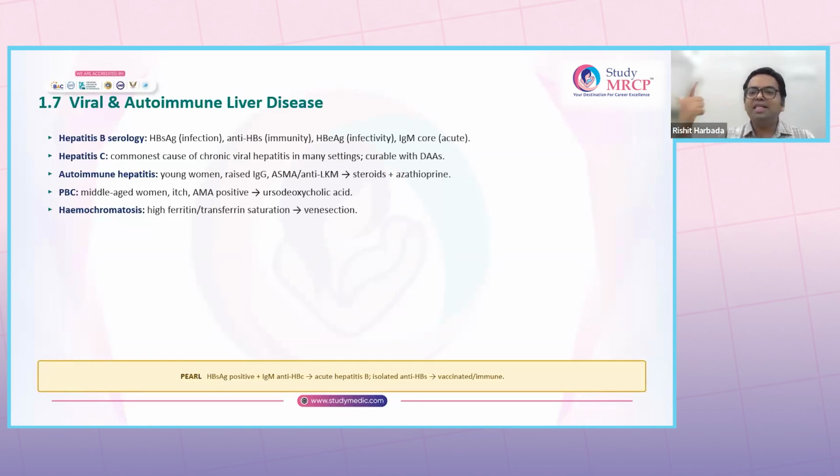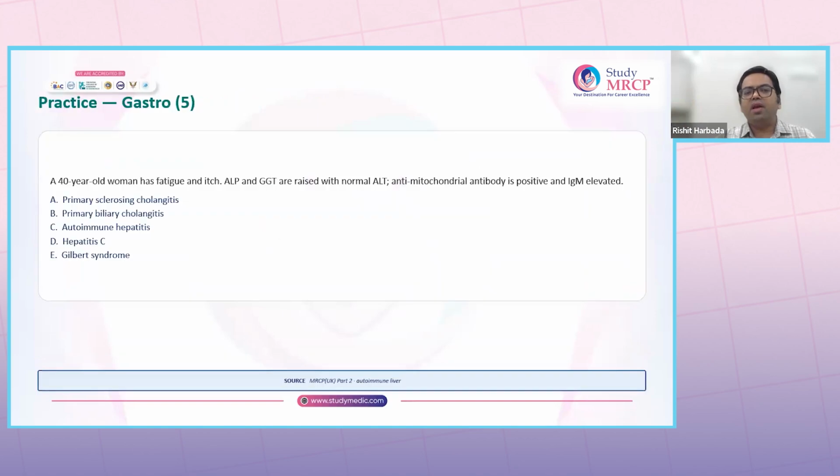The ferritin and T-sats, that is transferrin saturation, are very, very high. It's hemochromatosis. You do genetic testing, and the transferrin saturation is more than 45%. And the treatment is going to be regular venesection, which is the treatment of choice. And the patients usually have something called bronze diabetes. Okay. So this is very, very important.